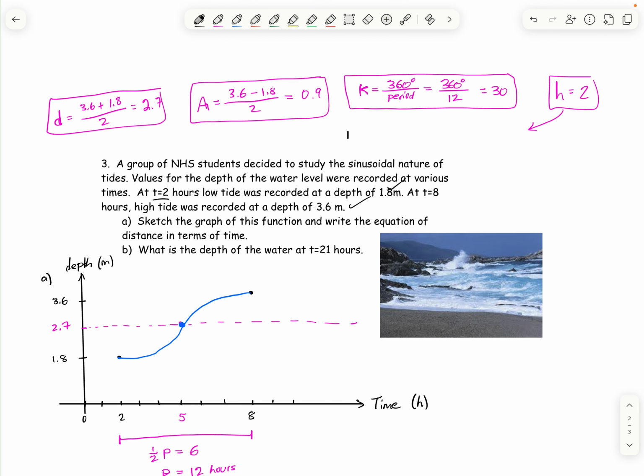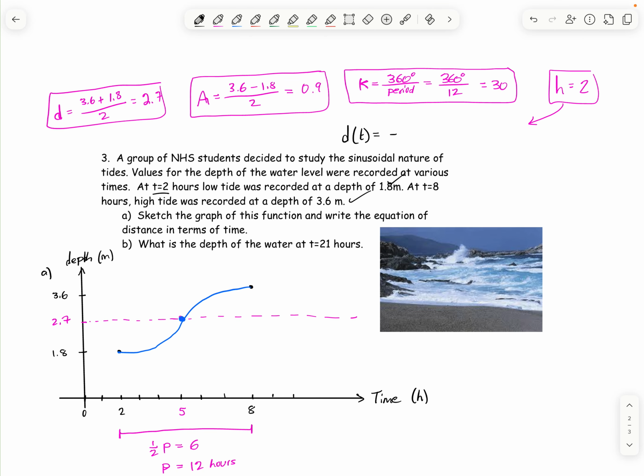So this way, depth as a function of time is going to equal a negative cosine. So the amplitude is 0.9 cosine. Why is it negative? Because it's starting at a minimum, not a maximum. And then I know my K value is 30. So I'm going to have T minus H, and my H value is 2.